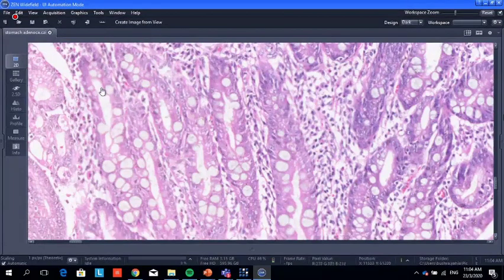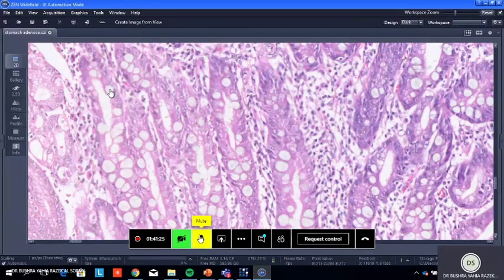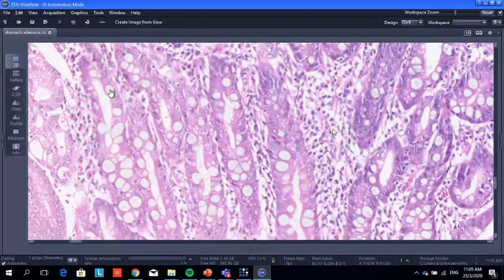So this gland has goblet cells. Where do you usually see goblet cells? Respiratory tract. No, in the intestine. Yeah, intestinal glands. So this is metaplasia of the gland from columnar to goblet cell.